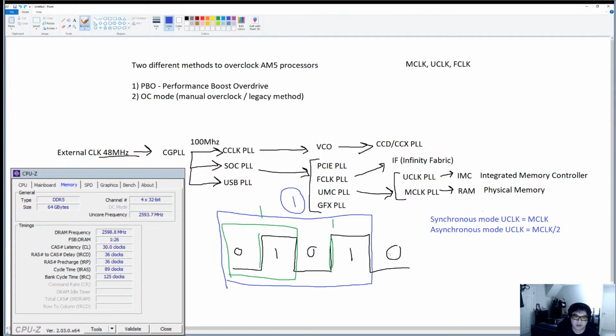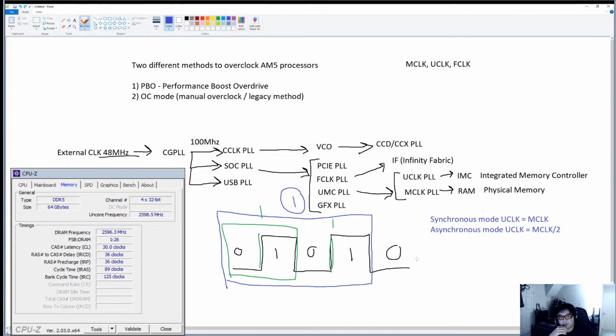There's no transmission there. So why is that useful? Why is that actually a thing? The reason why asynchronous mode exists is because it's very hard to run the memory controller, the IMC, or the integrated memory controller in the CPU at much higher frequencies compared to the RAM.